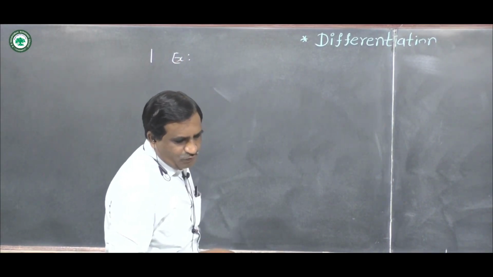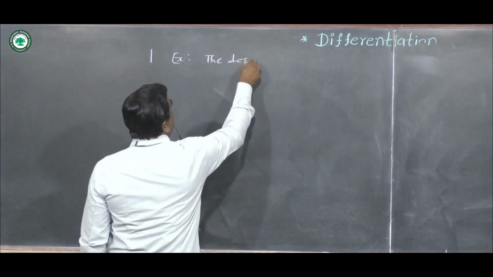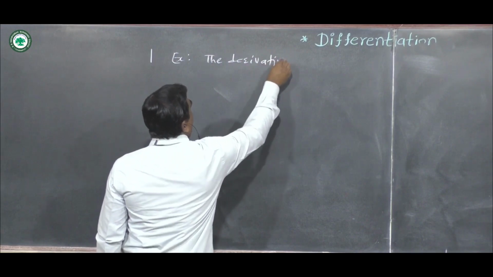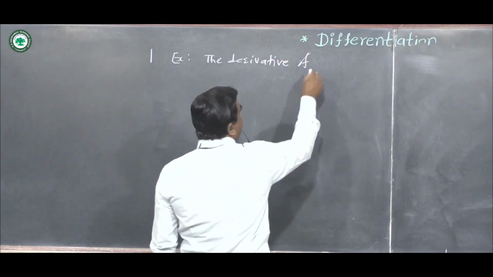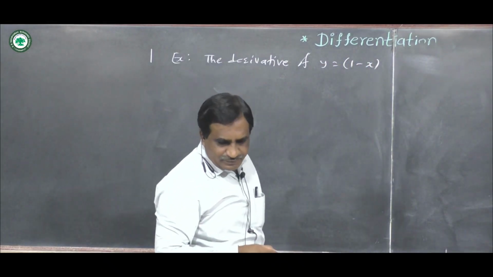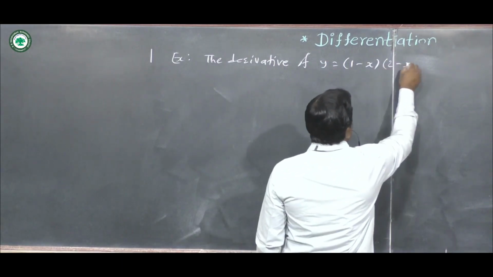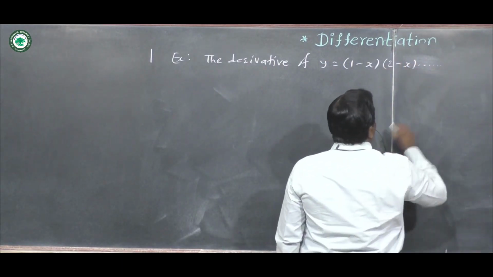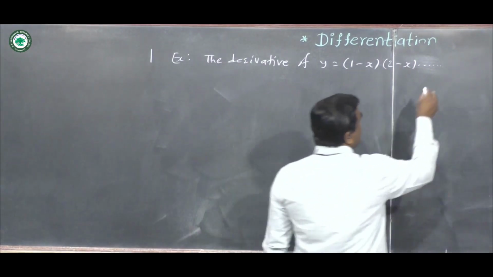The derivative of the function y is equal to in bracket 1 minus x into in another bracket 2 minus x into in another bracket 3 minus x into so on, n minus x.